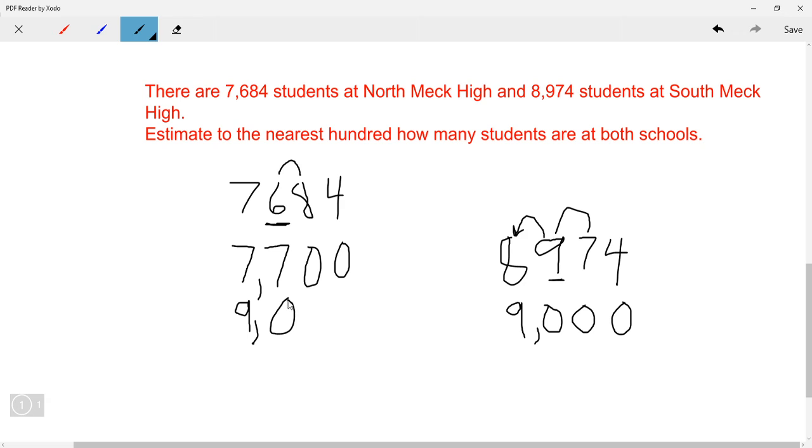Now, one thing about rounding, which is important to know, is the lower the place value you're rounding to, the more accurate your answer is going to be.